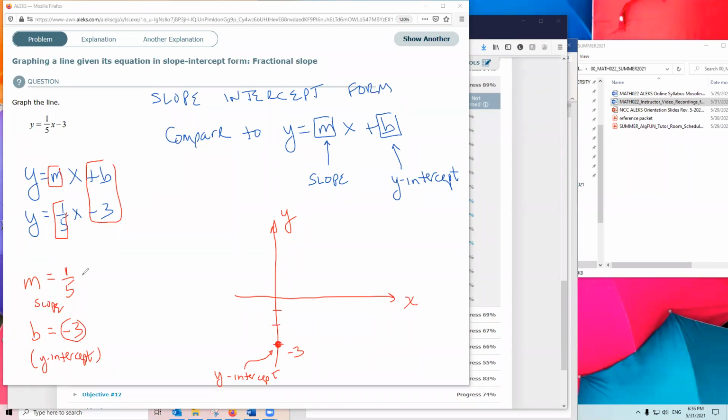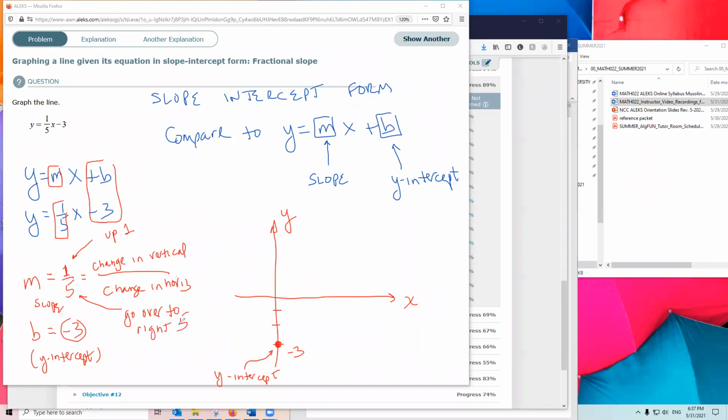What I do with the slope is I think of this as the change in the vertical on top and the change in the horizontal on the bottom. So the top number is telling me the vertical distance to go. The bottom number is telling me the horizontal distance. So this 1 on top means go up 1, and the 5 on the bottom means go over to the right 5.